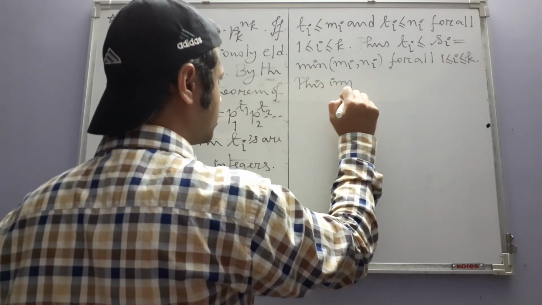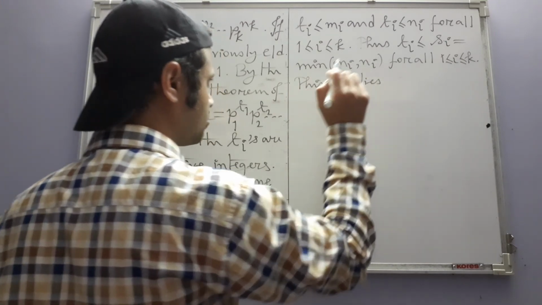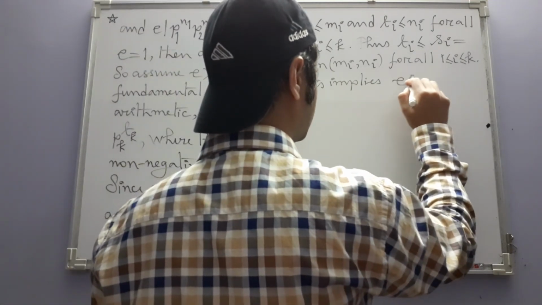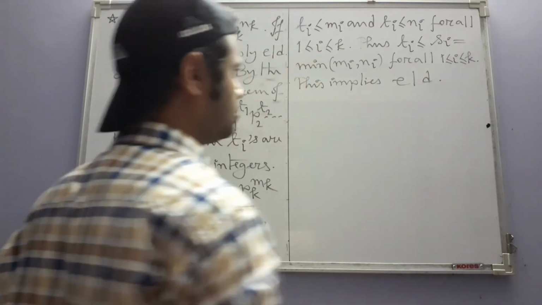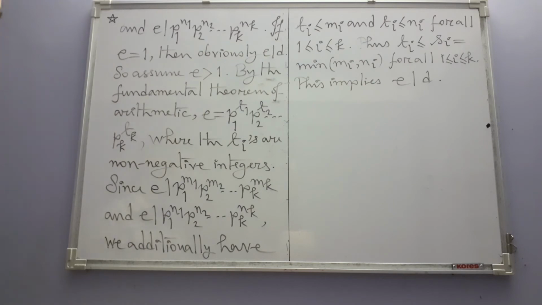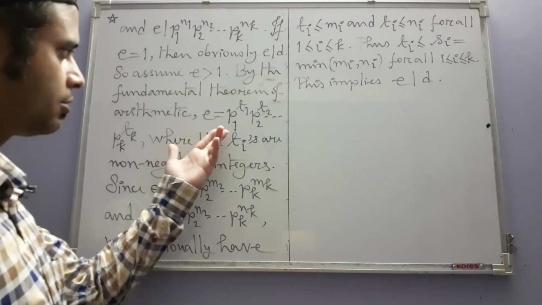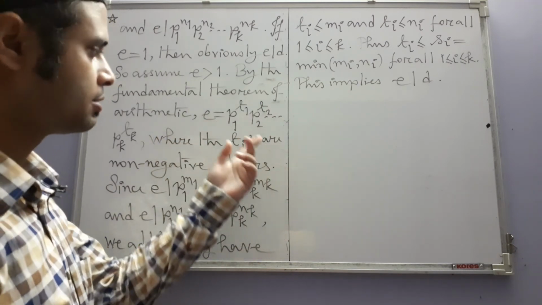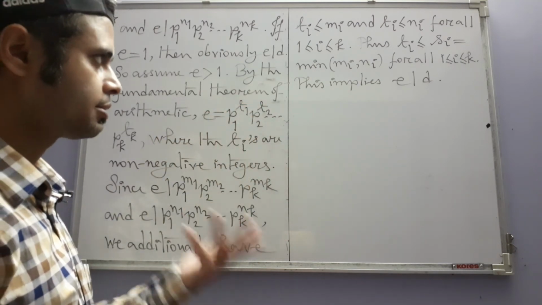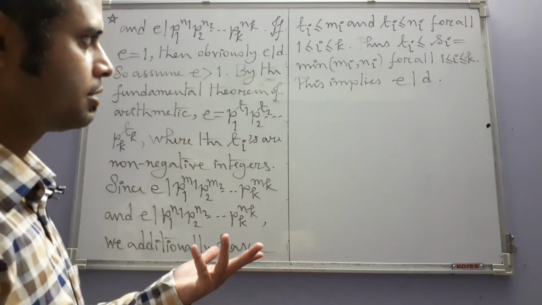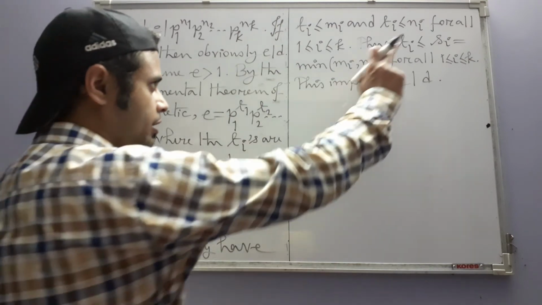This in turn implies that E divides D. Okay, because now the factorization of D looks just like this, but the exponents are the si's, and those si's are all greater than or equal to ti.